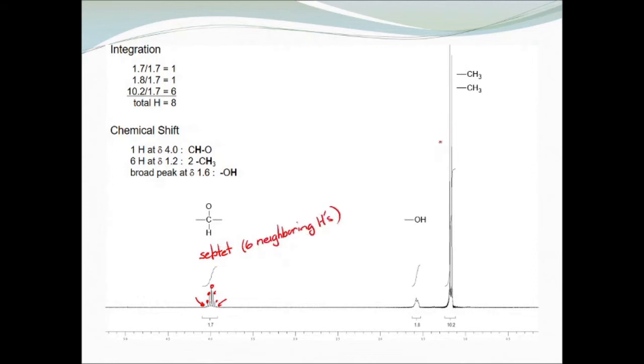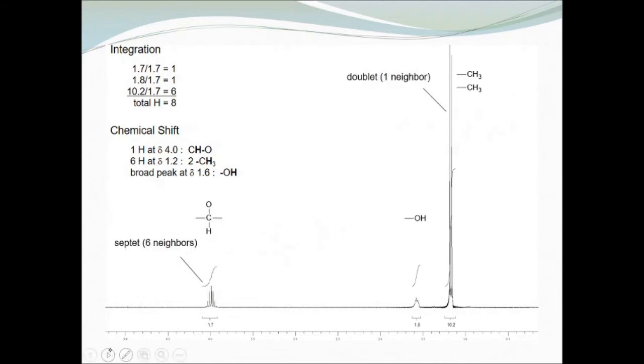Another peak that we would look at would be this one here. We have 2 peaks. So this is a doublet, meaning there is 1 neighboring hydrogen. And so all that remains then is to put the pieces together.